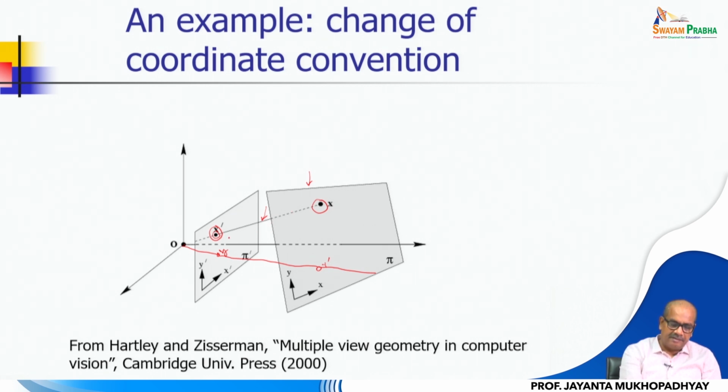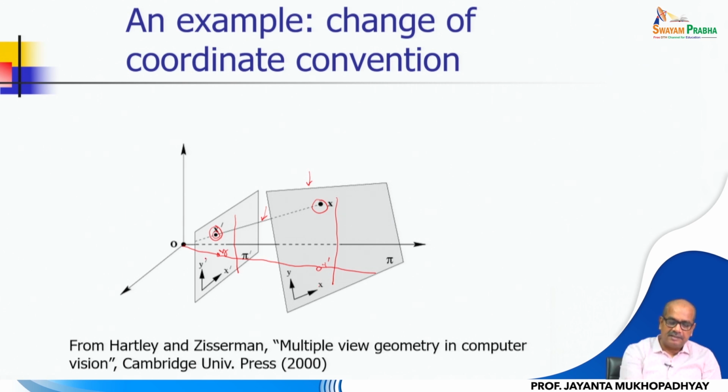Not only that, if I consider any straight line in this plane, it will also be mapped to a straight line in the respective image plane. So collinear points are also transformed into collinear points.